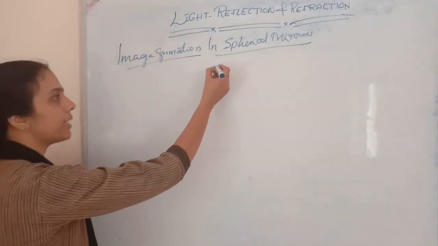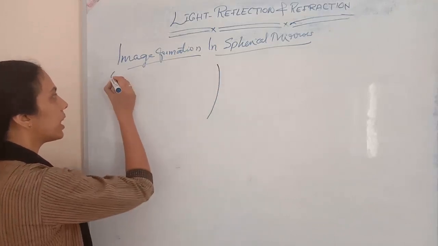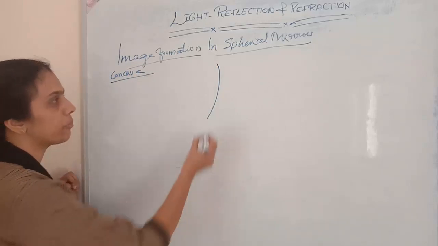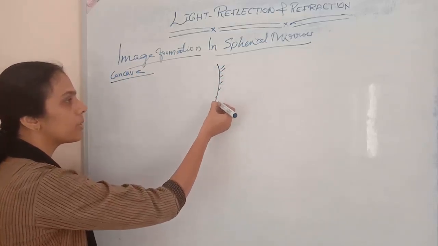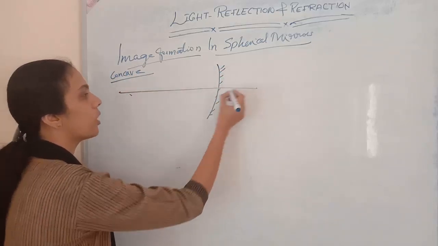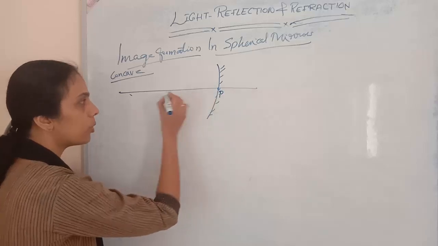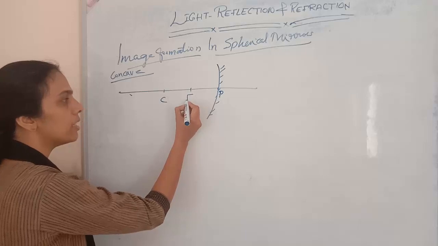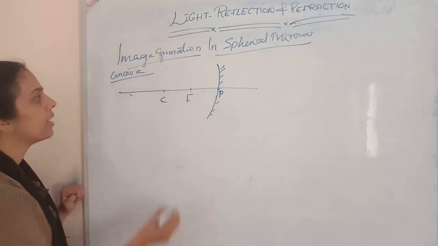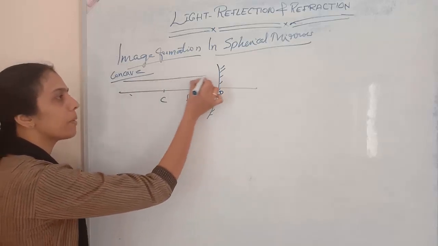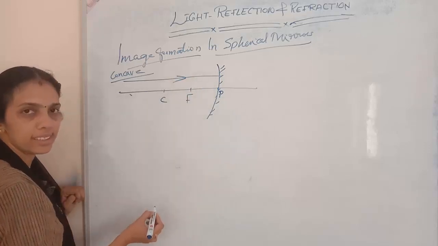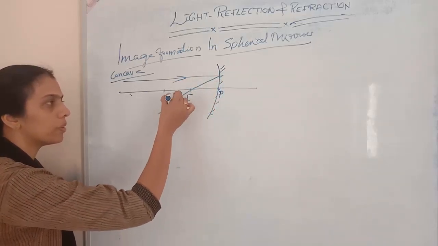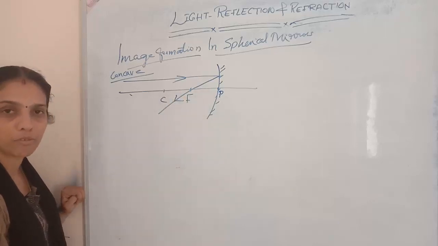In the case of a concave mirror, first I am going to consider the concave mirror. So this is the concave mirror, this one pole, this is center, exactly half of that principal focus. The rays which are passing parallel to the principal axis, after reflection will go through the principal focus.